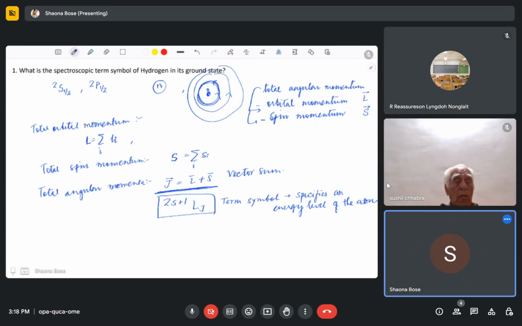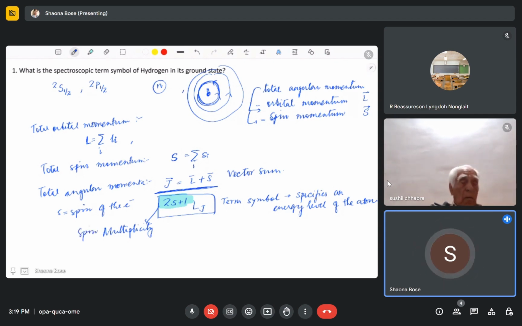So here, what is S? S is the spin of the electron, and this term 2S plus 1 is called the multiplicity, spin multiplicity rather.